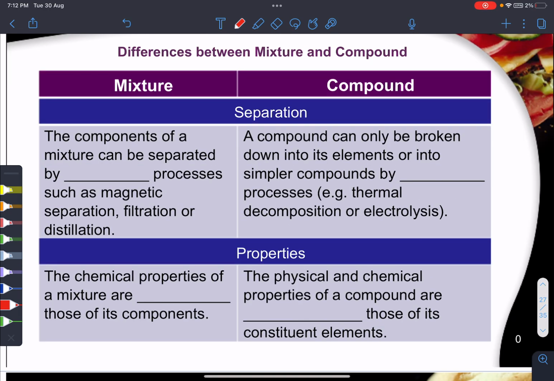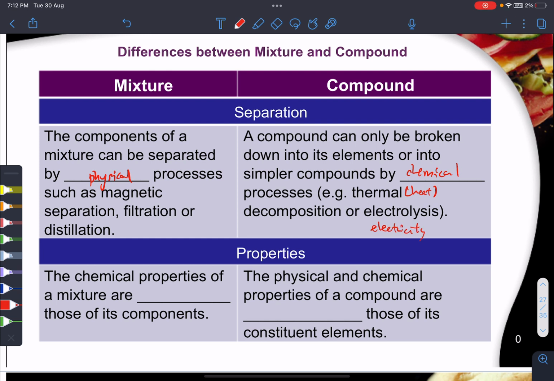So the main differences between compound and mixture: a mixture can be separated using physical processes. You can filter, use a magnet. But a compound must use chemical means. Means you need to use heat or electricity.